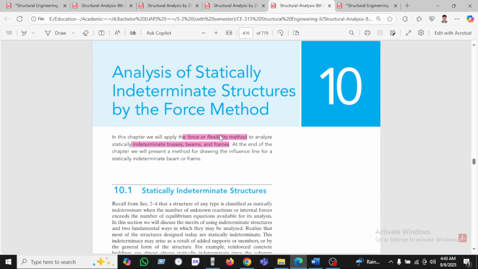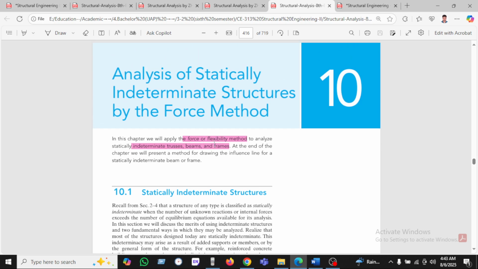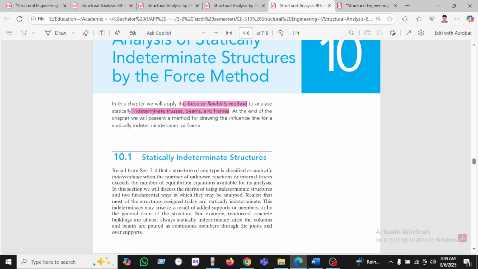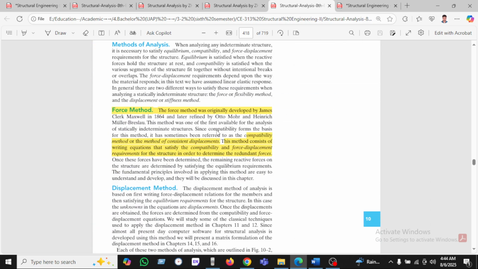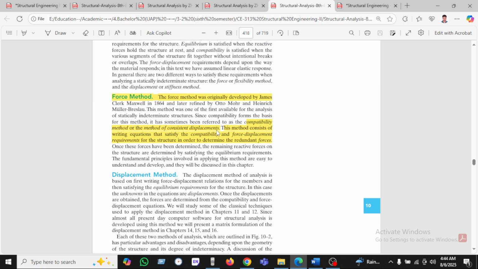Okay, let's see the theory of the force method. This is taken from the book Structural Analysis by Hibbeler. It calls it the force and flexibility method; these are the same term used by the author.